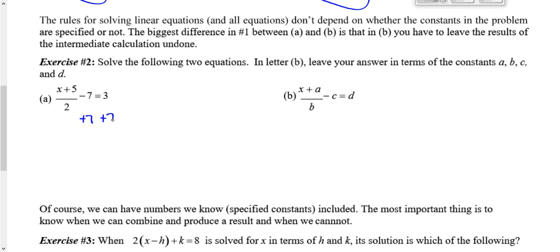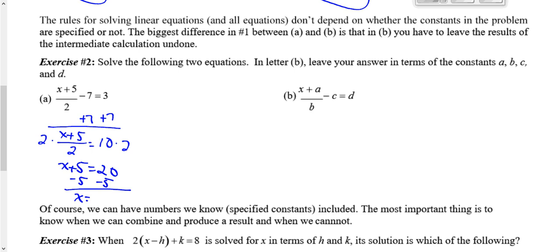And so we get x plus 5 divided by 2 equals 10. And now what? Multiply both sides by 2, and we get x plus 5 equals 20. Can we subtract 5? Yeah, and you get 15.